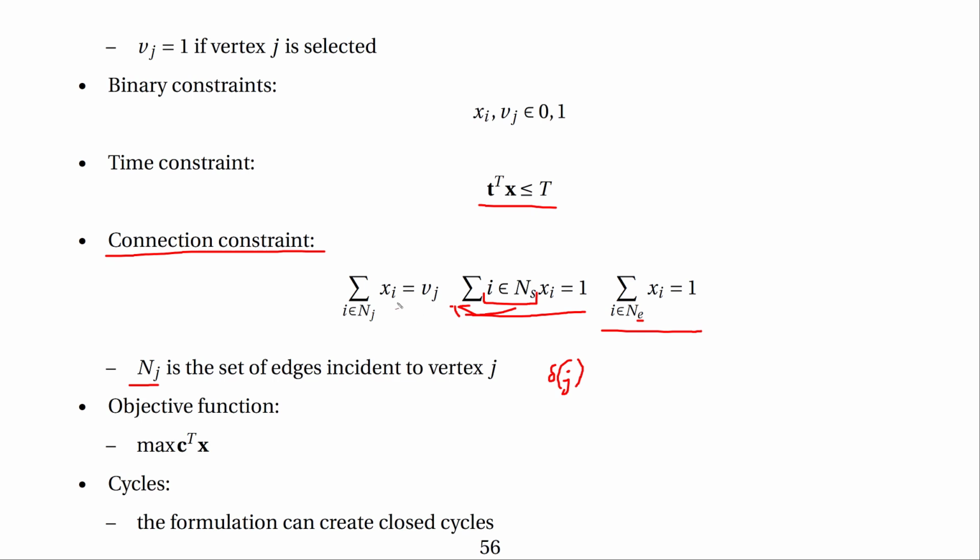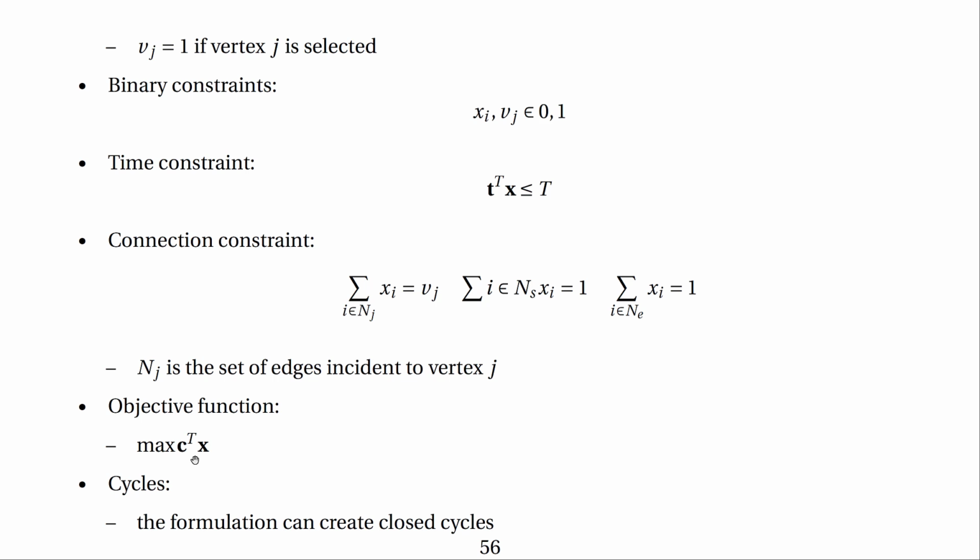If the node is selected, then the sum of edges connected to the node has to be 2 vj. That means exactly 2. The objective function is that we would like to maximize C transpose X.